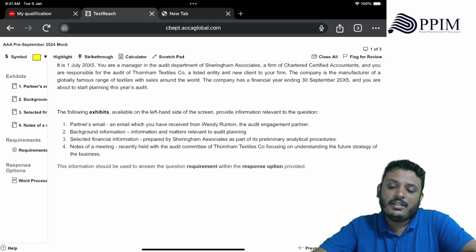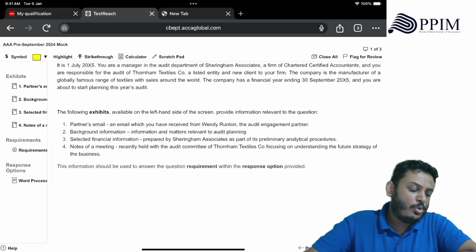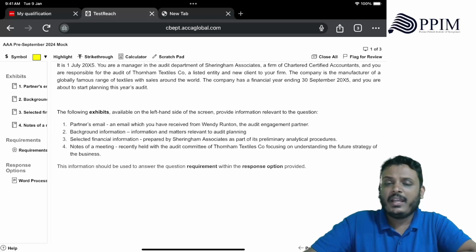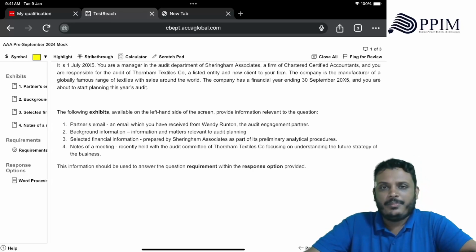Therefore, internal auditors' work is broader than external audit, because external audit is deeper in a specific area called subject matter, the financial statements. But internal audit is not like that. The scope is wider and broader.